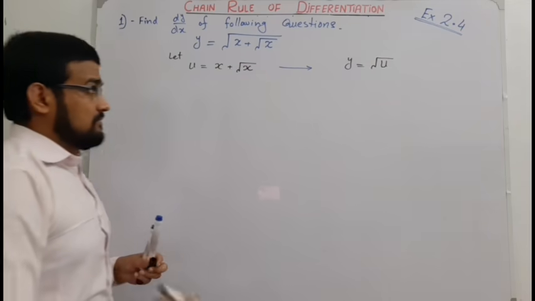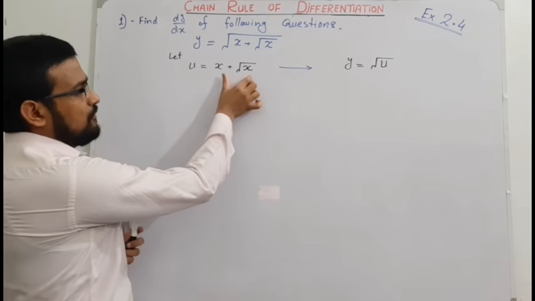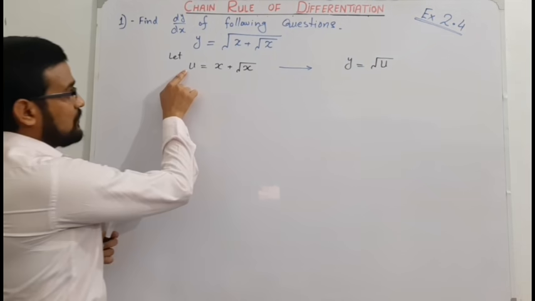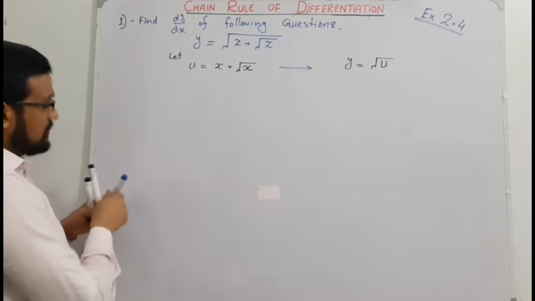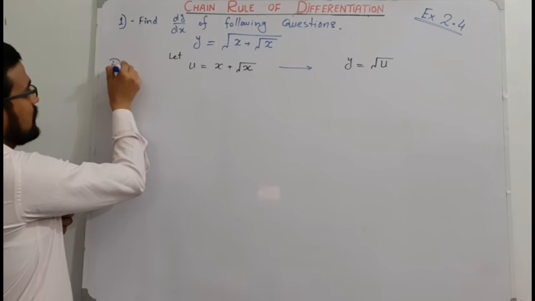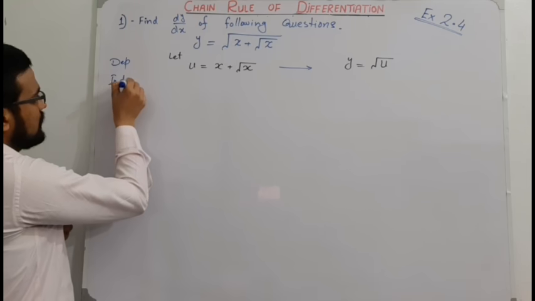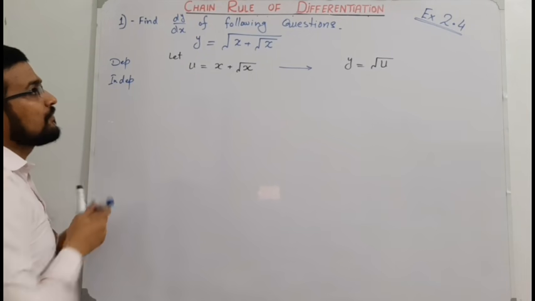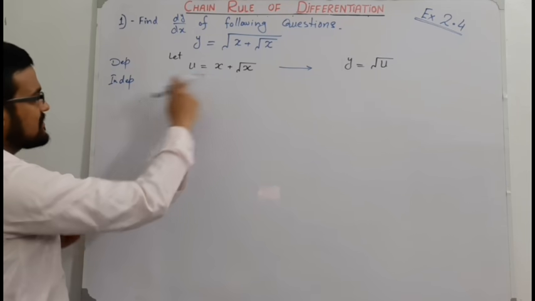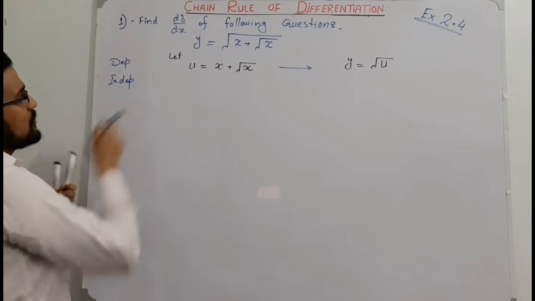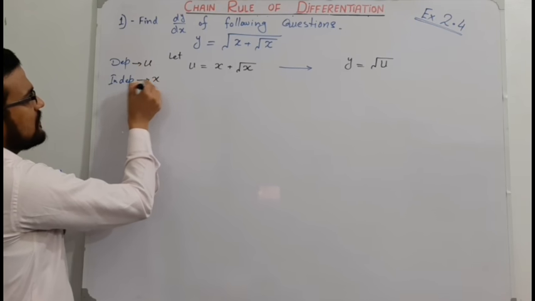Okay, u is a function of x. u is dependent, x is independent. Dependent is u on x. It means u is dependent and x is independent.